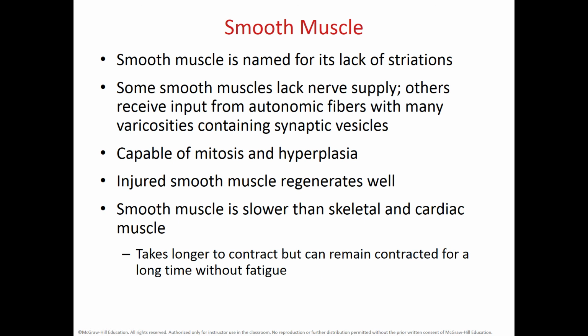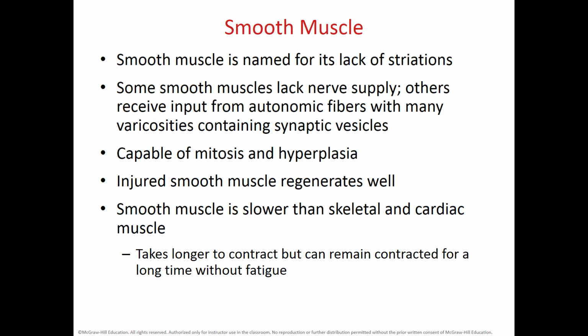Smooth muscle is named because it doesn't have striations, and then some of the muscle fibers lack a nerve supply, and others receive input from autonomic fibers or independent fibers with many varicosities that have synaptic vesicles with neurotransmitters.